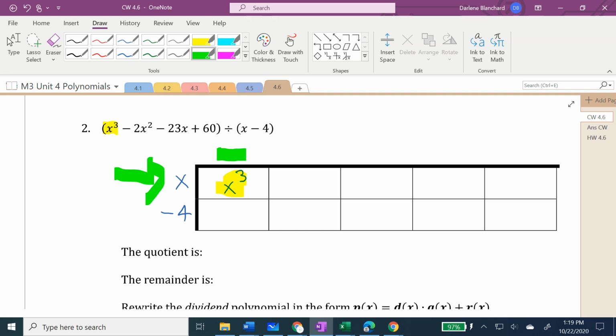You just need to make sure that you're clear what each letter represents. All right, so x times what is x cubed? X times what is x cubed?